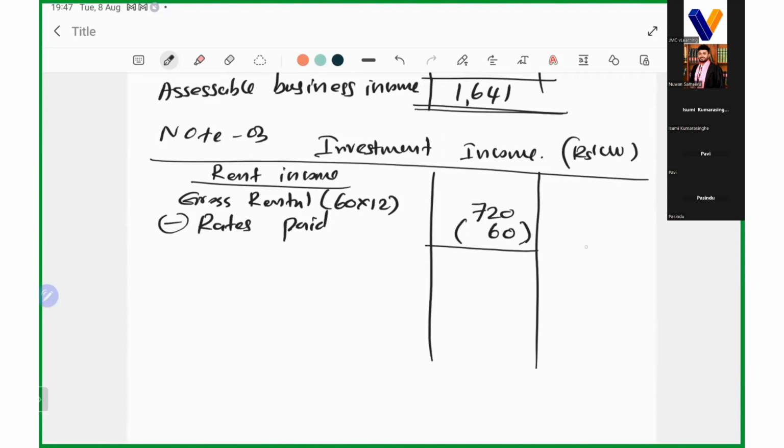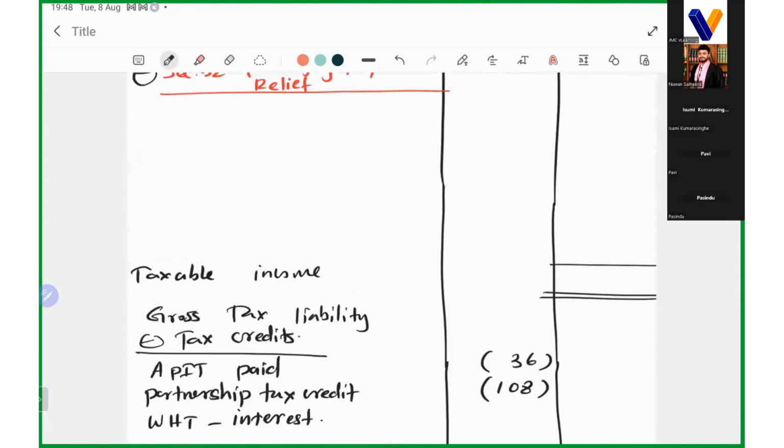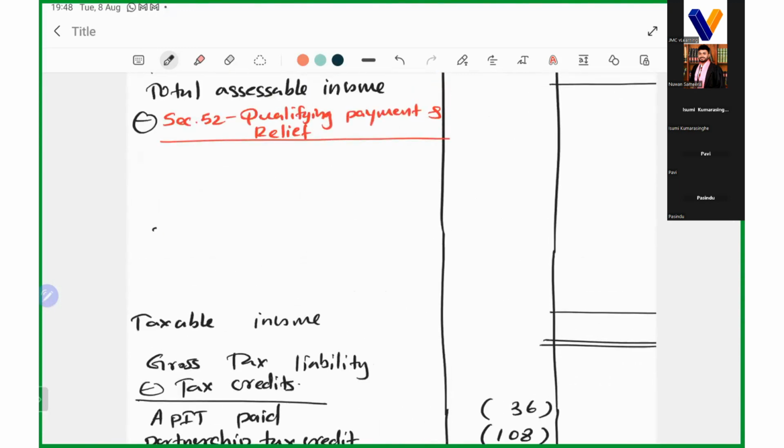So here it's 660. For an individual, even though there is no such actual repair and improvement cost, you can take 25% of gross rental as a qualifying payment. So the gross rental is 720 into 25%, then how much? 180,000.